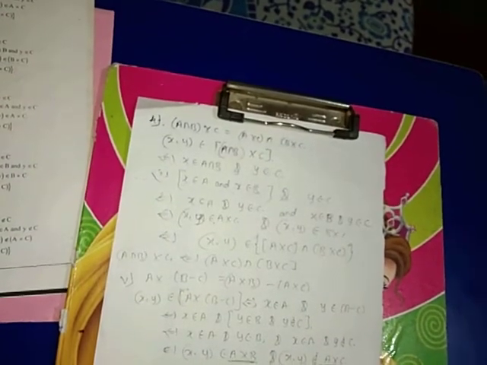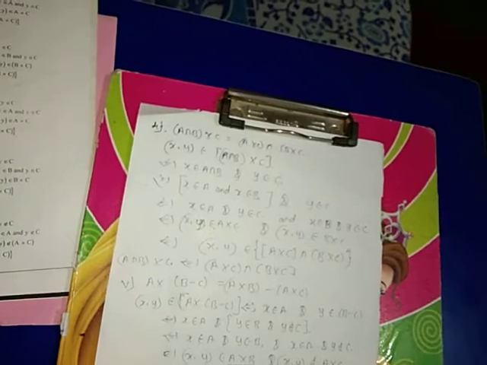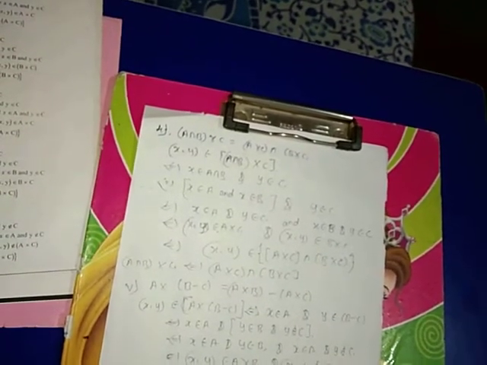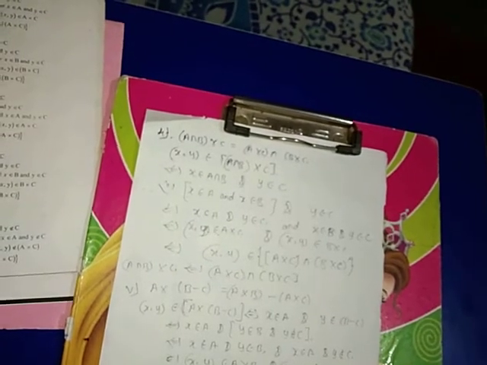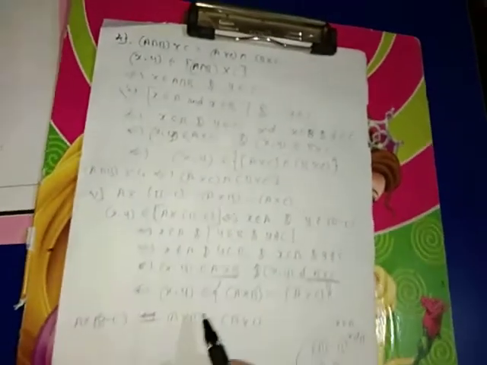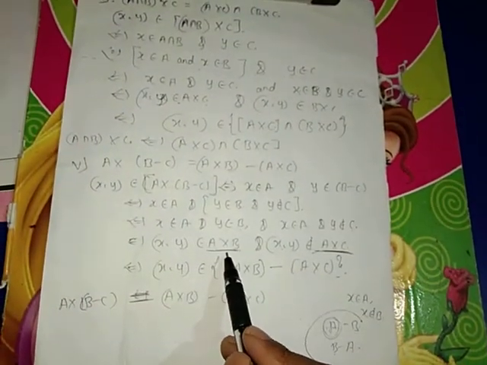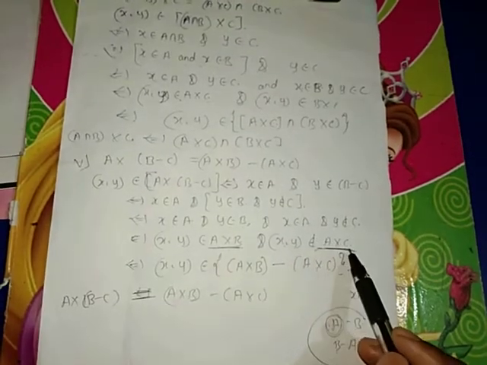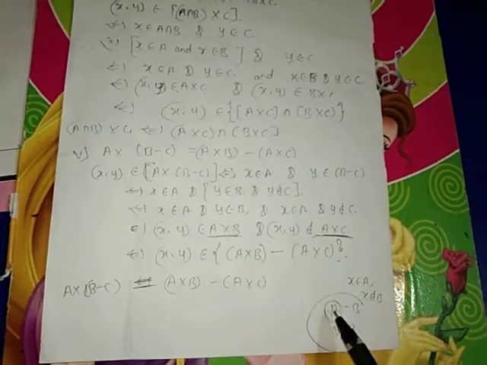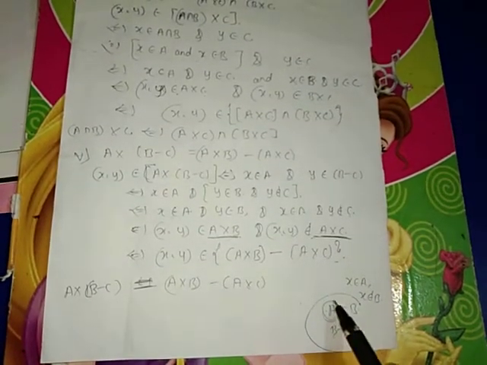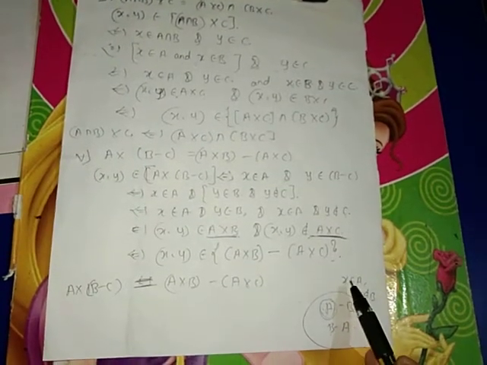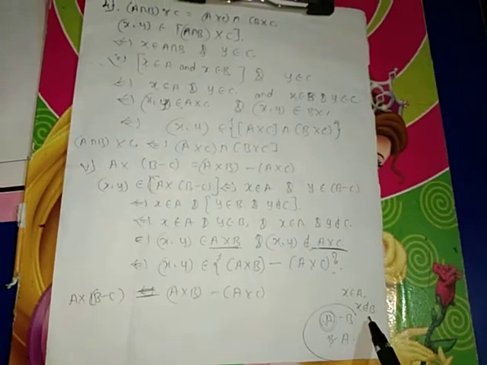On that basis, A cross B minus A cross C is equal to A cross of B minus C. That is how, if x comma y belongs to A cross B and x comma y does not belong to A cross C, we just have to compare it to the definition of A minus B. A minus B indicates the element which belongs to the set A only, not B. Suppose x is an element that belongs to the set A only, not B.